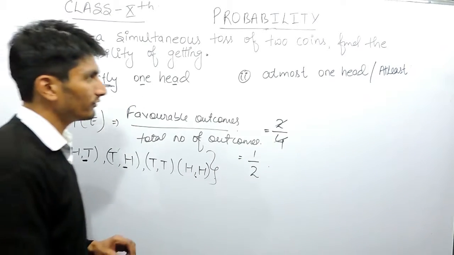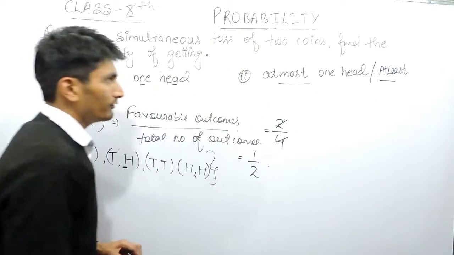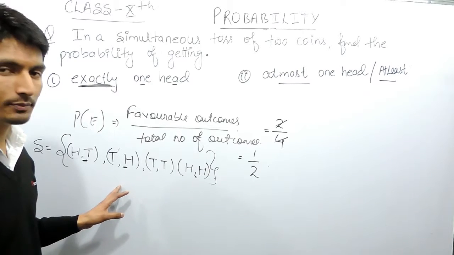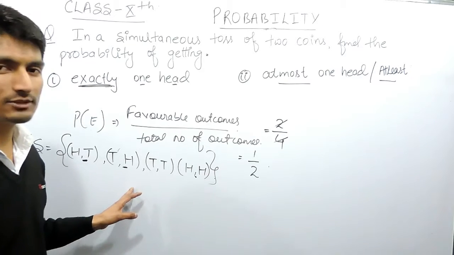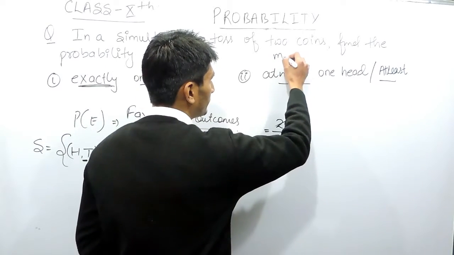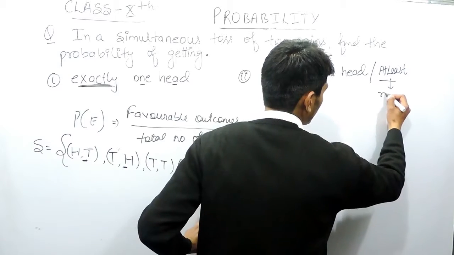Now let's solve the second case. First of all, let me explain what at most means and what at least means. At most means maximum and at least means minimum.